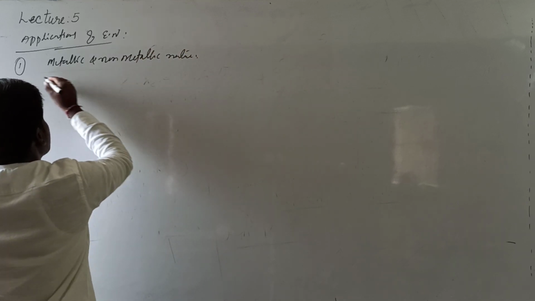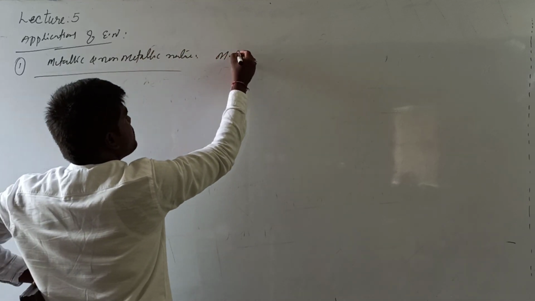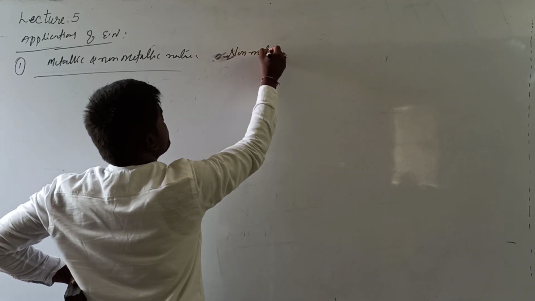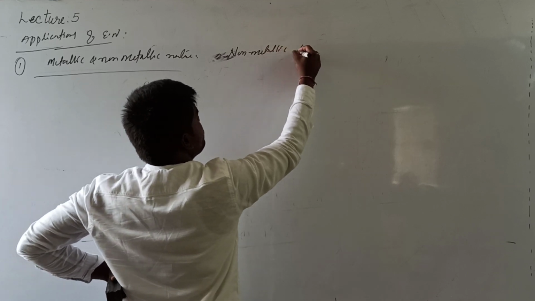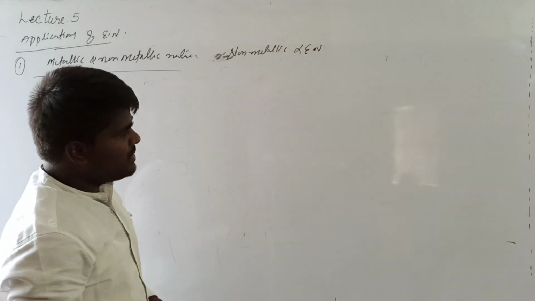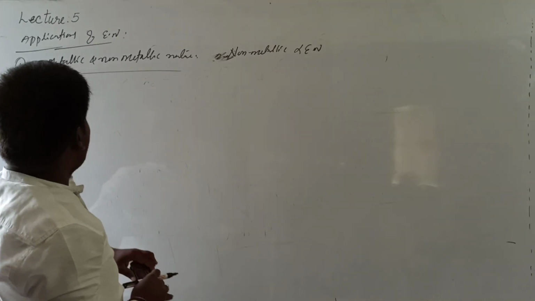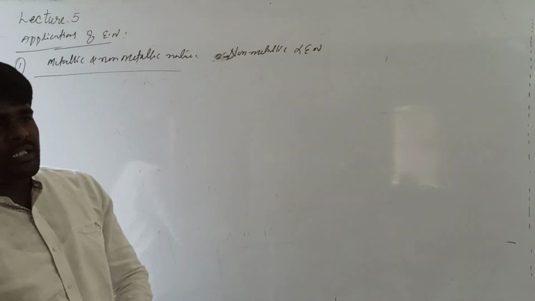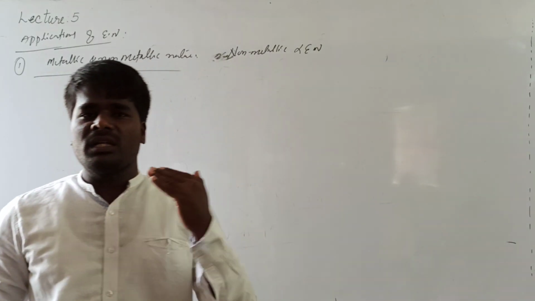Non-metallic nature is directly proportional to electronegativity. As the electronegativity increases, non-metallic nature increases, and metallic nature is inversely proportional to the electronegativity. That means if the electronegativity decreases, metallic nature increases.